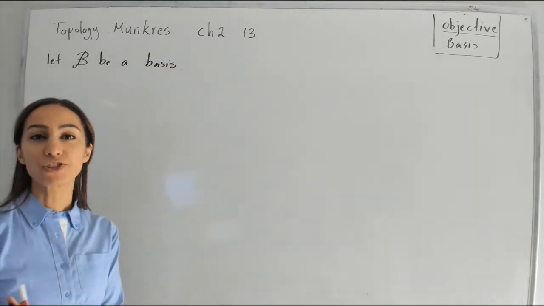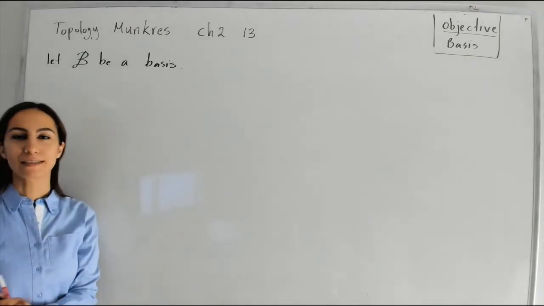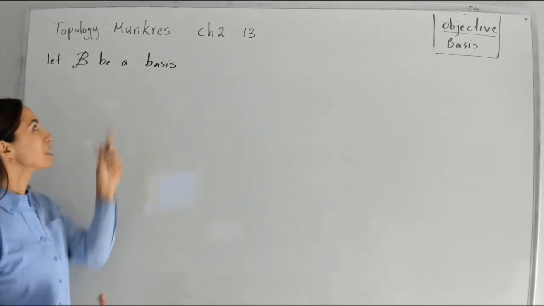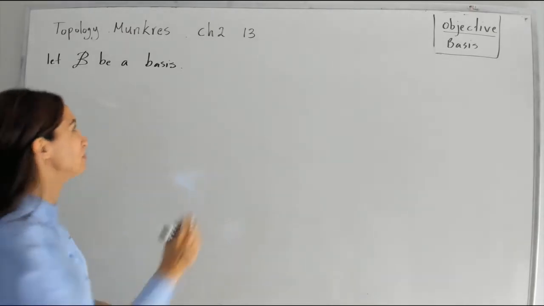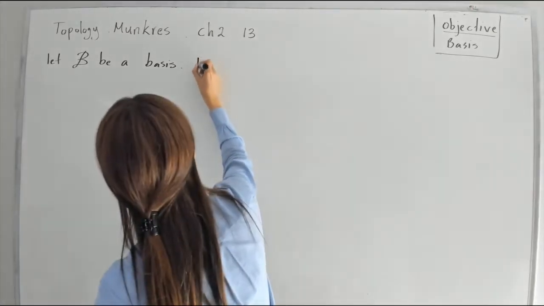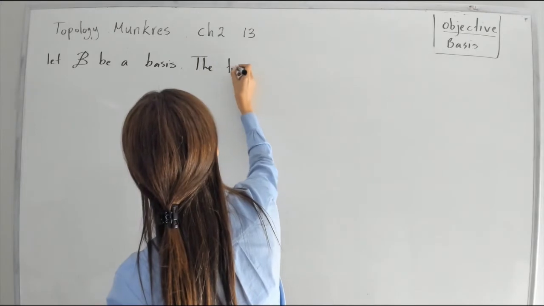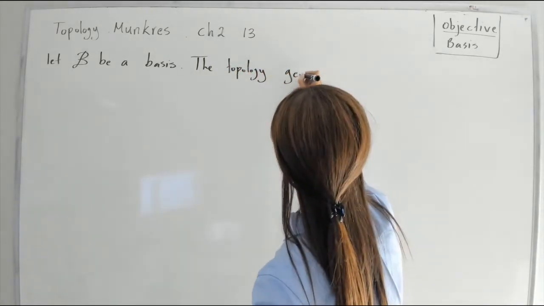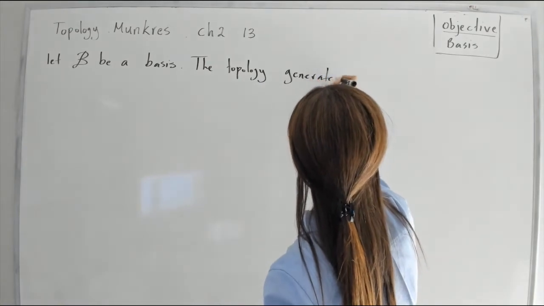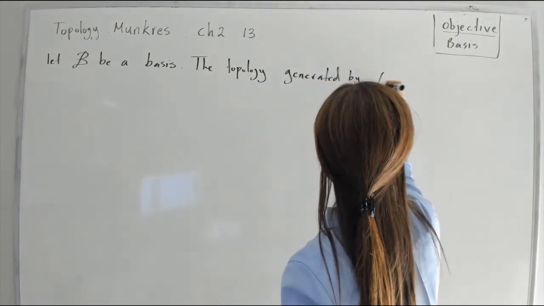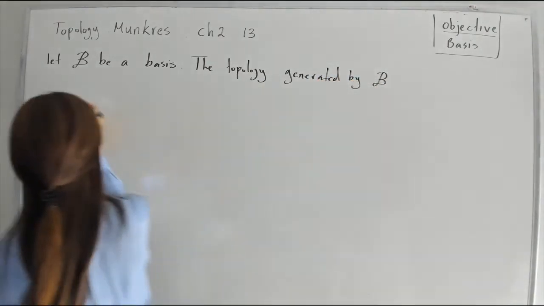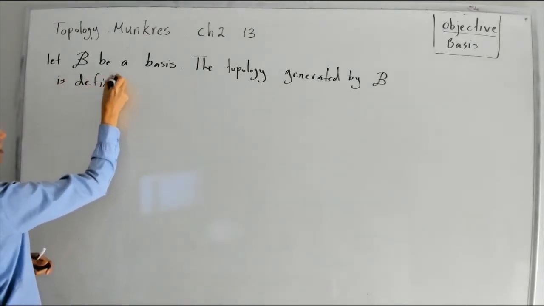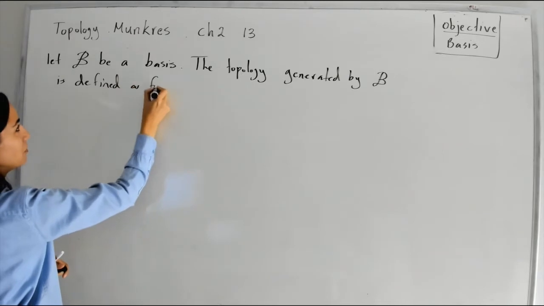The topology related to this basis is called the topology generated by the basis beta. The topology generated by beta is defined as follows.